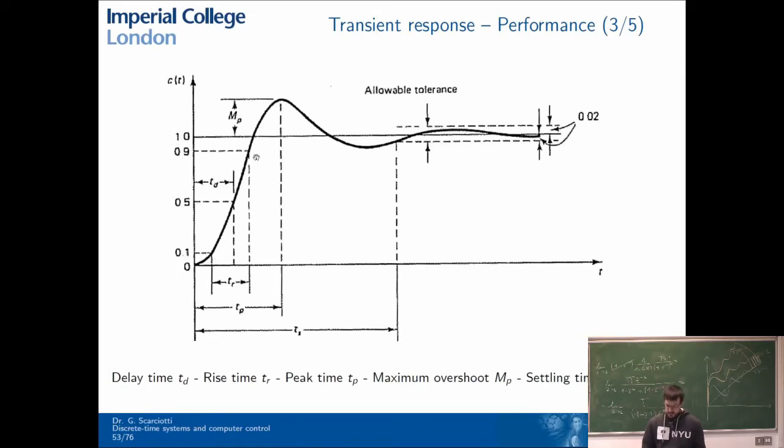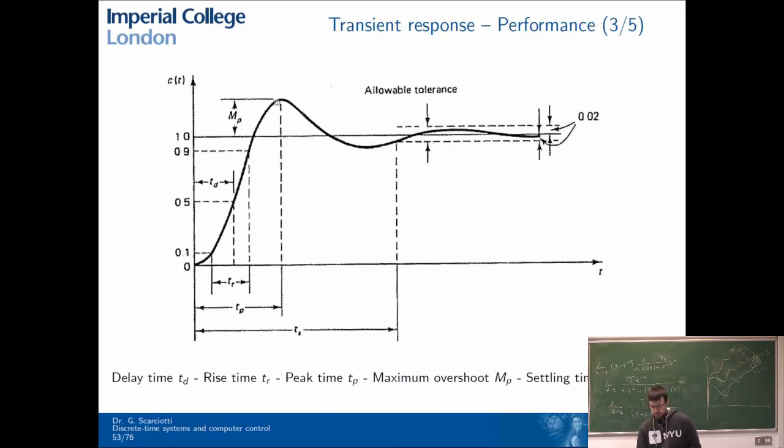Rise time and delay time are two different ways to assess how fast your system is growing. I want to point out that rise time is defined in different ways depending on which book you read. It may be from 10 to 90%, from 20 to 80%, and so on.